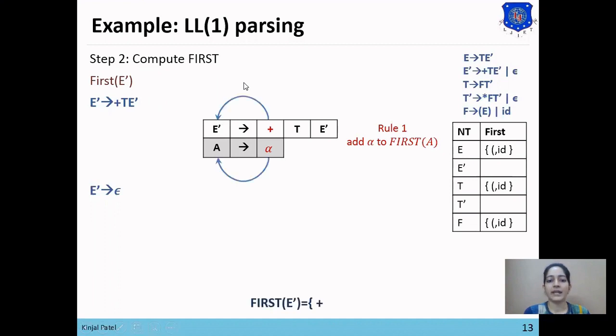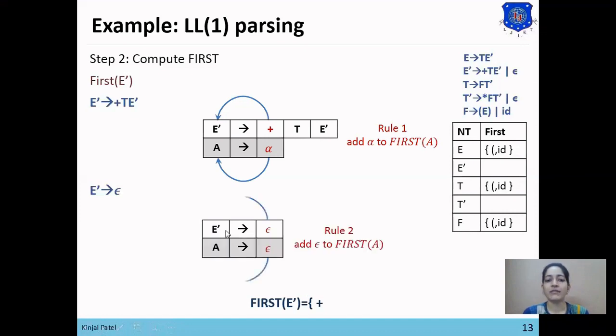So plus will be added into first of E dash. Then we'll check the second production, E dash produce null. If there is null at the first position, then that null will be added to E dash, as it matches rule 2. So null will be added into first of E dash. So first of E dash are plus and null.